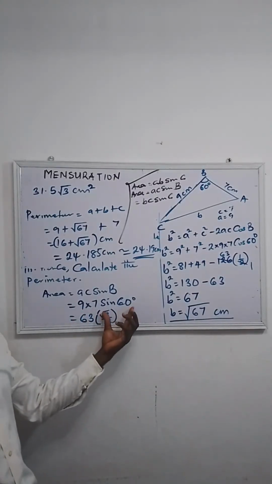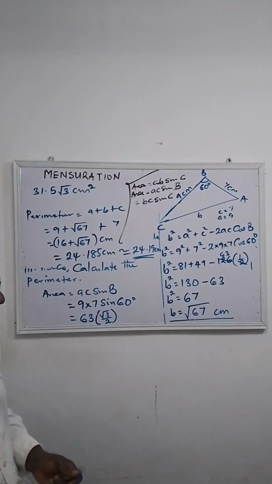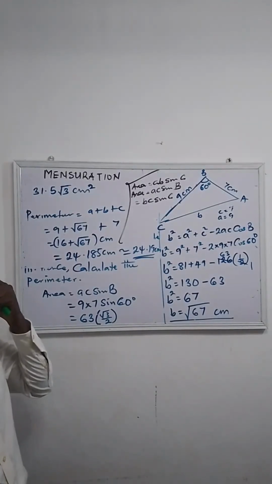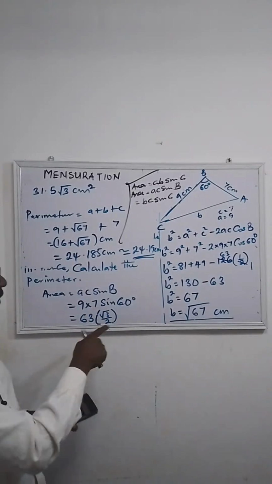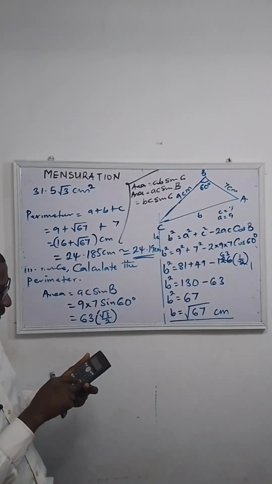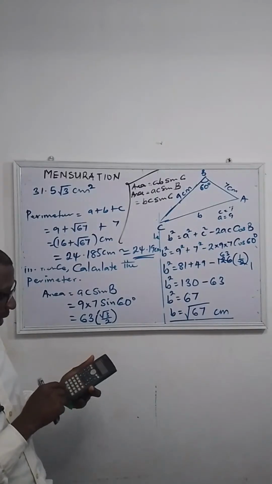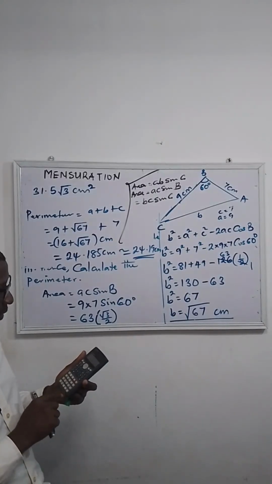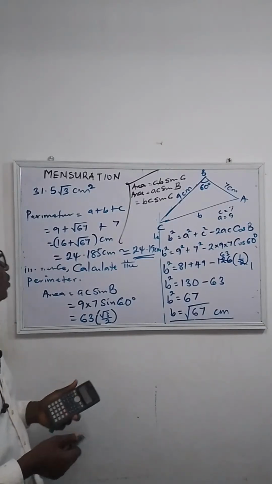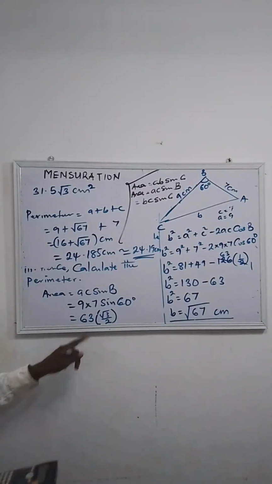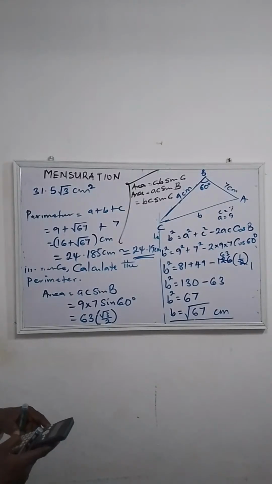So if you don't know this, you can just punch your calculator. When you punch your calculator, you can press sine 60. Once you press sine 60, you are going to have 0.8660. So now you multiply that with 63.